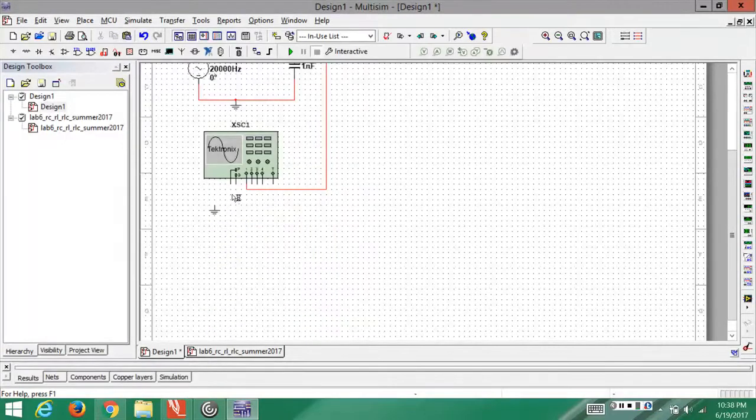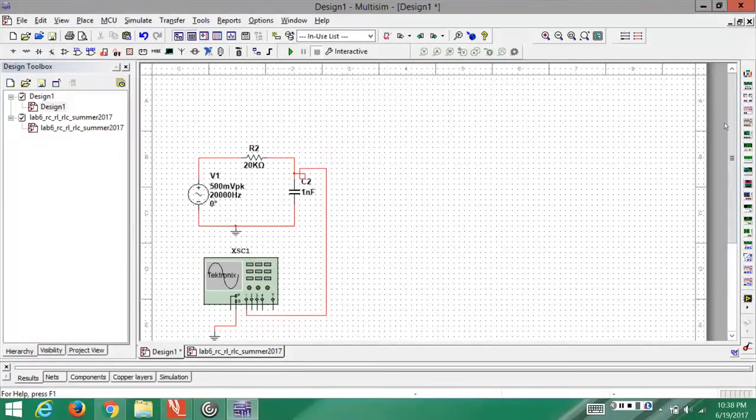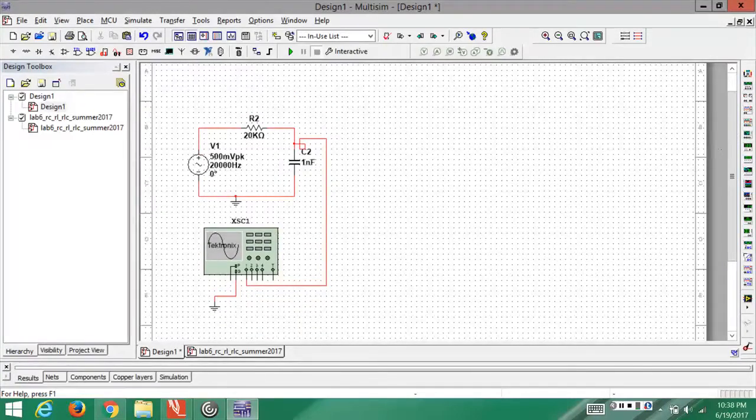put one here, and the ground clip is connected like that. So that tells you whatever is being picked up from the capacitor, the voltage reading that you see.